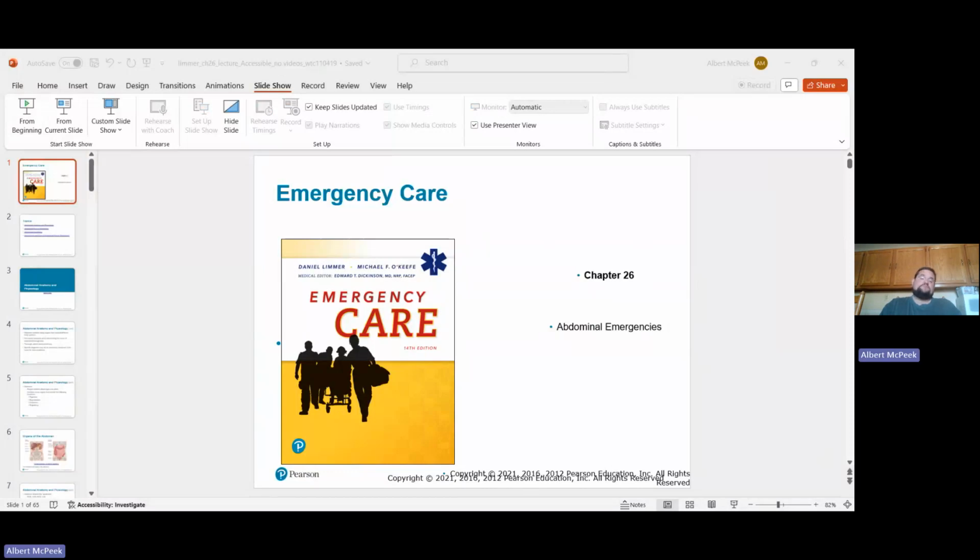Let's talk about those. Okay, let's look at the organs of the abdomen. And if you can see my cursor, we're going to divide those into solid organs on the left side of your screen and hollow organs on the right side of your screen. Some of the solid organs are the spleen, the liver, the pancreas, and the kidneys.